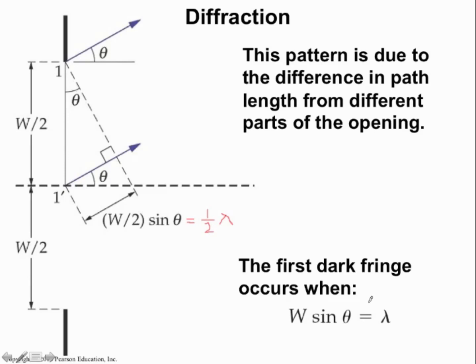And that's what we get right here. So the first dark fringe occurs when W sine theta equals lambda. Now, why mention the dark fringes first? Because in single slit diffraction, the central bright region is the predominant characteristic. The interesting characteristics are the faint and few dark fringes.